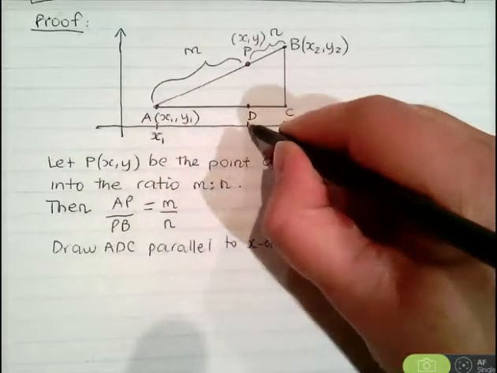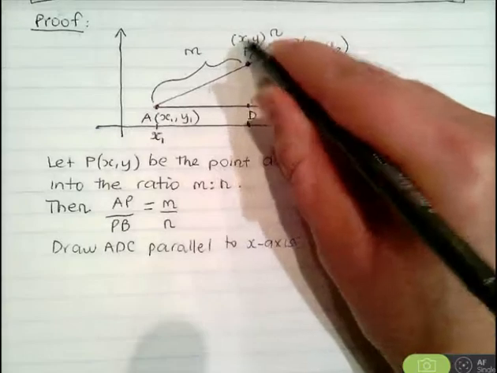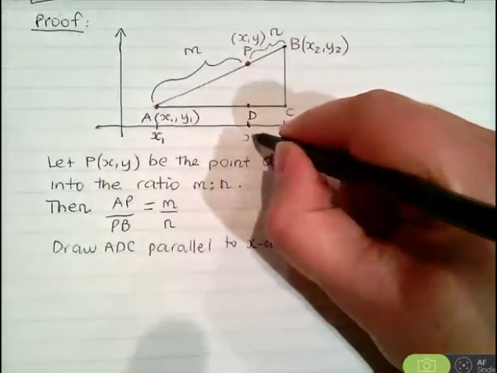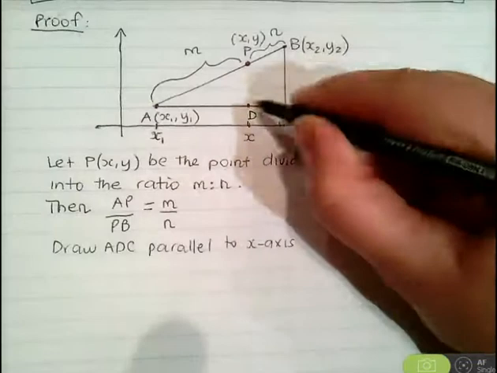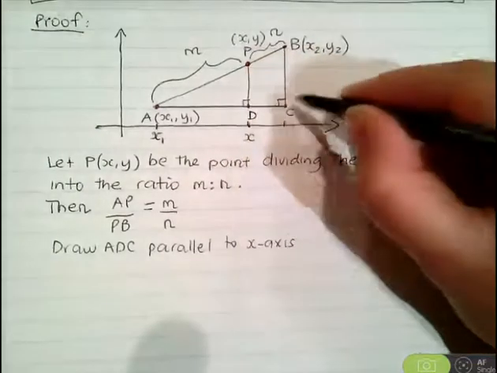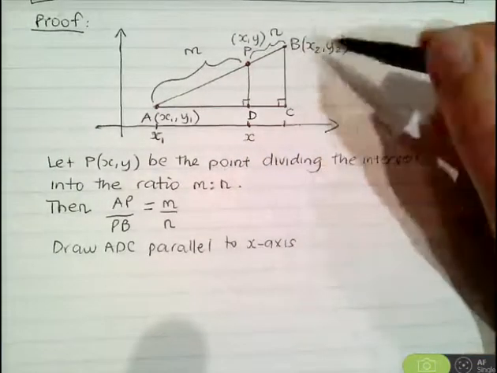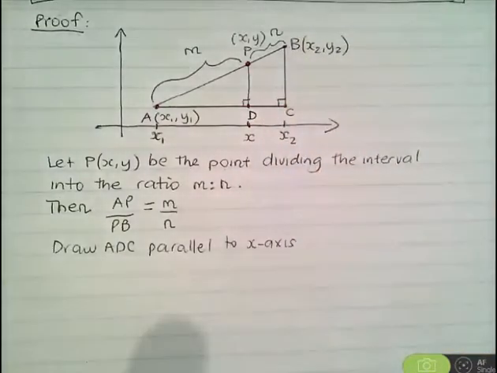This position of D here on the x-axis, D is directly below P, and P has coordinates x, y, so the x-coordinate here would be x, and C is directly below B. I'm just going to put some right angles here, okay? So C is directly below B, and B has coordinates x2, y2, so the x value here is x2.